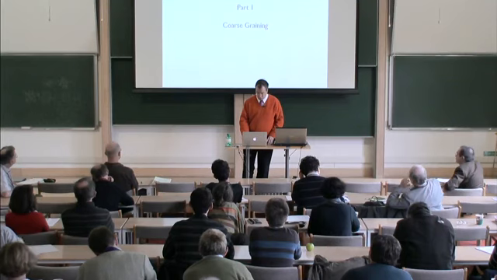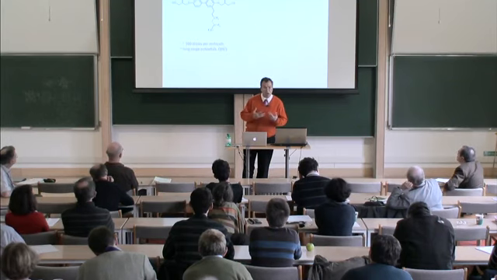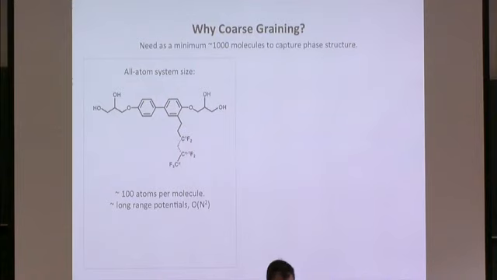And the first question is, what is coarse graining and why would you want to do coarse graining? As an example, I place here a bola-amphiphile, which is a liquid crystal which has quite conflicting views on its own nature.